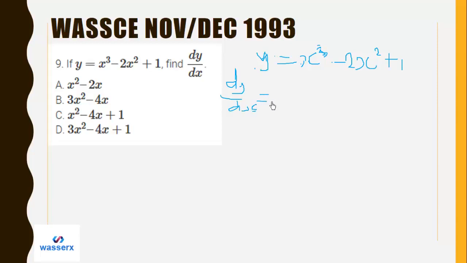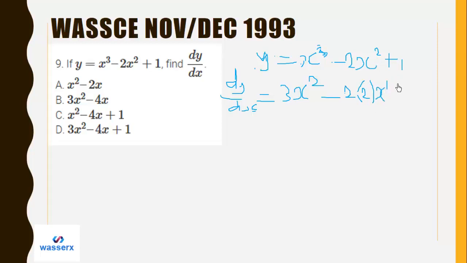will be equal to, so this is 3, so we will use 3 to multiply the whole thing, subtract 3 minus 1 will give us 2, then minus, so this is x to the power 2, so we use 2 to multiply the whole thing, 2 times 2, then x to the power 2 minus 1 is 1.